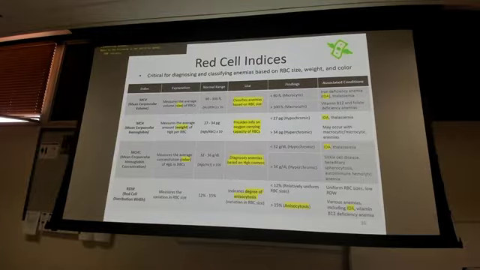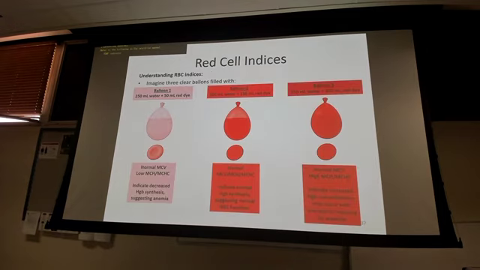Then you have MCHC, which is the color, and RDW, which is the variation in size. And so when you see RDW, you're also looking for the degree of any cytosis, which just means variation in RBC size. Okay? Is it a little clear? A little bit. So this is just that, remember I was saying about those balloons.